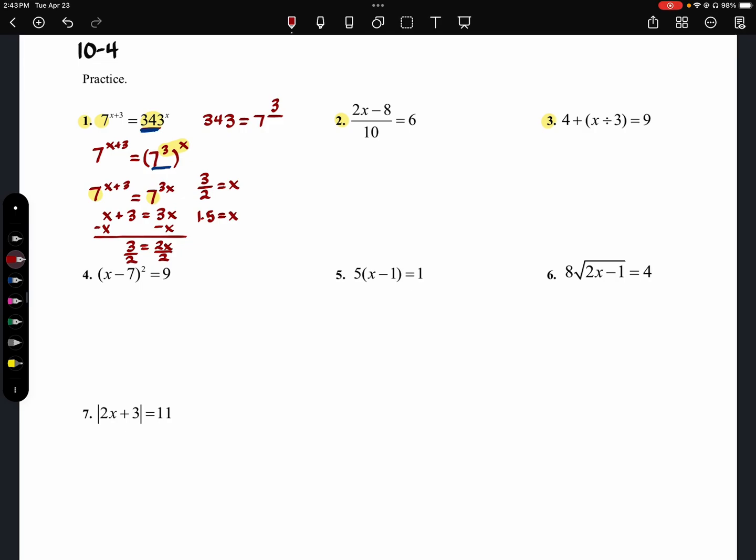And if you want to check it, if we plug that 1.5 back in, on the left side we'd have 7 to the power of 1.5 plus 3, which is 7 to the 4.5 power. And on the other side, we'd have 343 to the 1.5 power. Let's just type those into Desmos and see what those values are.